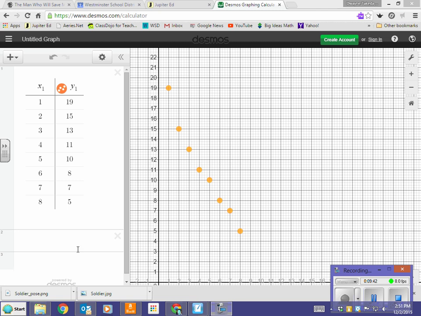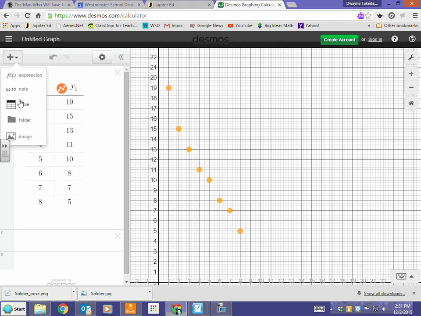And here we go. Now, the Desmos graphing calculator lets us put in a table like this, and it'll produce a scatter plot. To do this, you'll come up to where it says Add Item, click there, and you can add a table. Once you add the table, you can just fill in your x and y values and you get this nice scatter plot here.